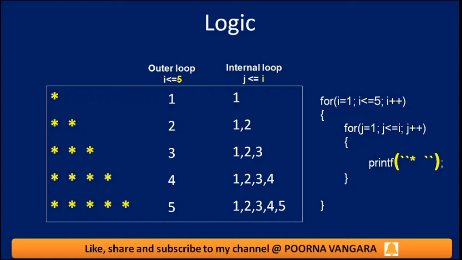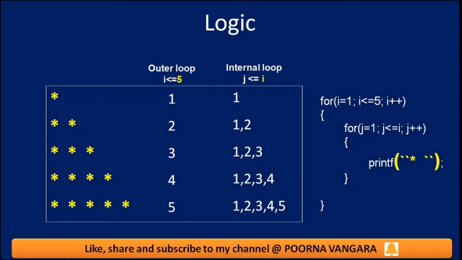Whenever I equal to 1, this j loop will rotate only once with value 1. When I equal to 2, this j loop will rotate twice with values 1 and 2. Likewise, when I equal to 5, this internal loop will rotate 5 times, that is j 1 to 5. That is the reason you are getting 5 stars.